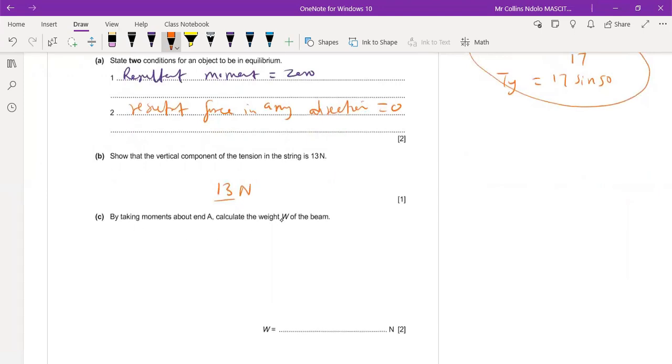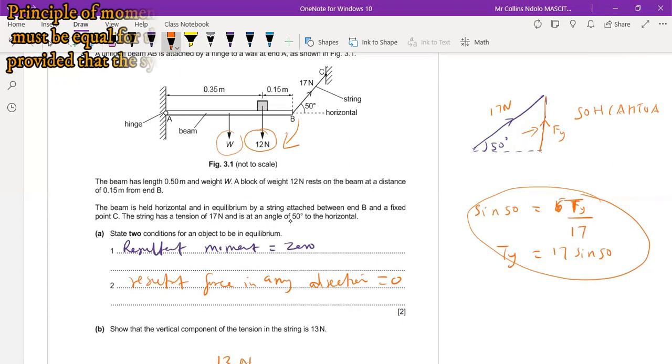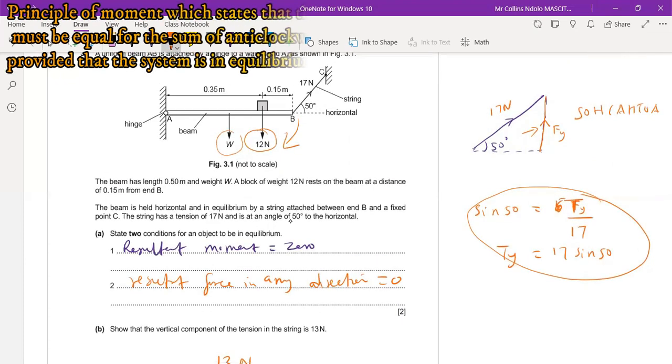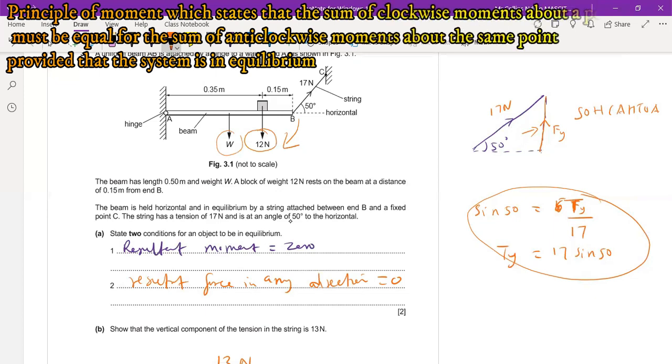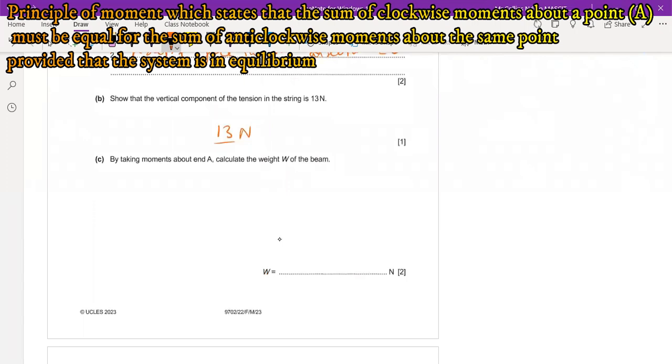Remember part C here, we are applying the principle of moments. So W, the whole beam, because it is a uniform one, means that the center of gravity is at its geometrical center. So if from A to B is 0.35 plus 0.15, which is 0.5, it means that W is acting at 0.25 from the pivot, which is at point A. So the moment of W is W times the distance, which is 0.25.